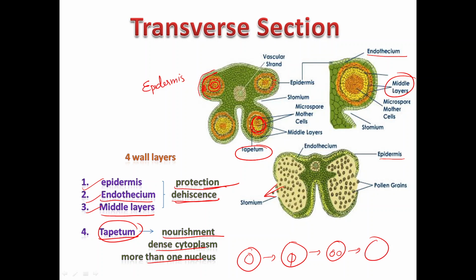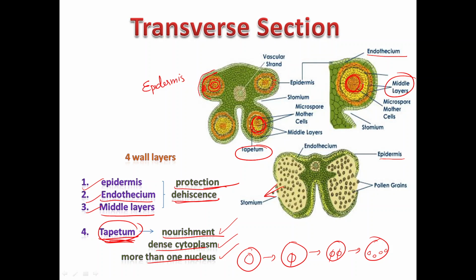If the nucleus again divides without the cell dividing, then you get many more nuclei. So in tapetum you can see such a phenomenon. Here the tapetum has a dense cytoplasm, has more nuclei, and it provides nourishment for the sporogenous tissue.